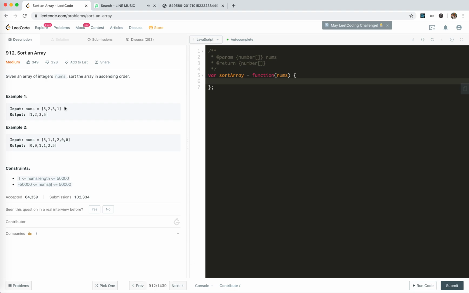And then we could do it over and over again, and because the biggest one is moved to the end, we could ignore that in the next round. And so every round will reduce the total amount by 1. So after n rounds of traversal, we could generate the sorted array.